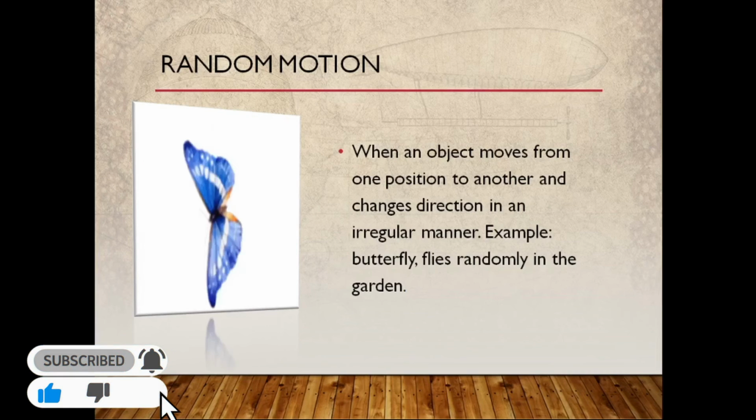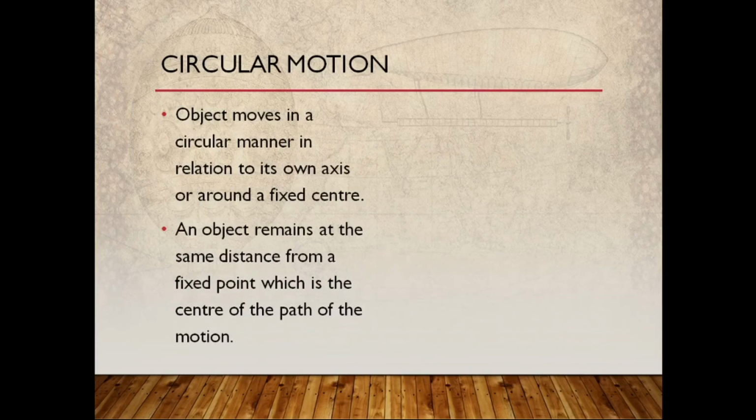Now, the third category is circular motion. When an object moves in a circular manner around its own axis or around a fixed center, that means if any object is fixed at a center but is moving around it in a circular manner, it is said to be in circular motion. And what is the best example of circular motion? Just look upward.